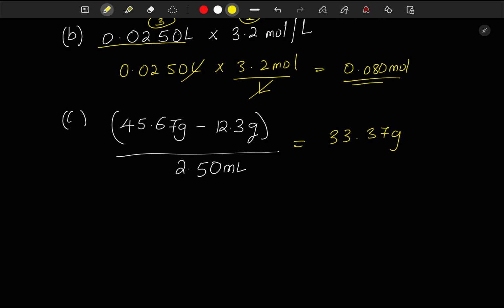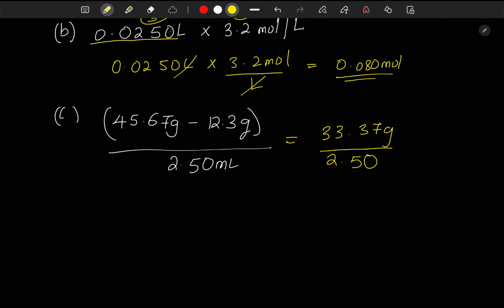So 33.37 grams over 2.50. We are only going to round off last. Are we together? Don't round off here. You do everything at the end.